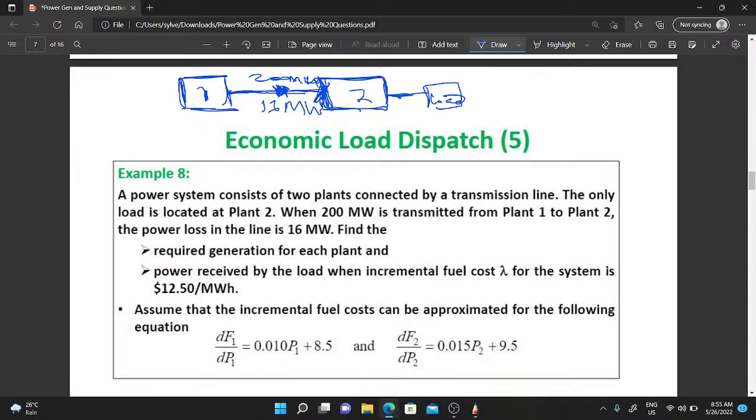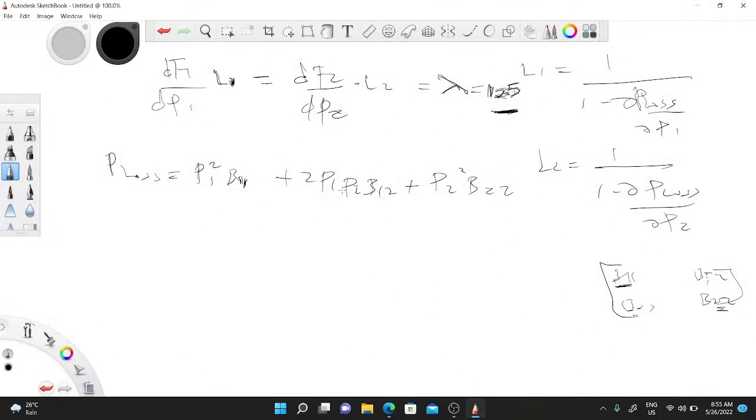So the loss on this line is dependent on the power from 1 only. Any factor that has a 2 inside, which means B12 and B22, is not contributing to the loss on the transmission line, only the loss coming from the first plant.